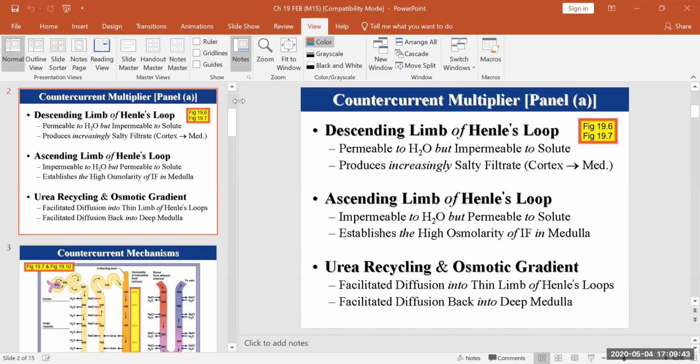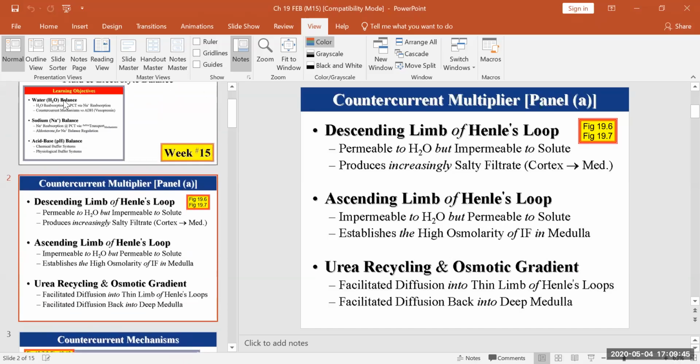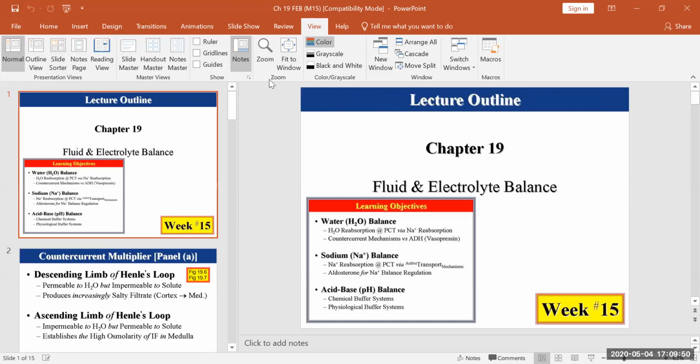First is basically how we're focusing on the water balance here. Let me go back briefly to reintroduce the idea. When we talk about urine production, remember we talk about 3 steps. We are talking about the glomerular filtration. And this glomerular filtration is a passive transport mechanism. It is driven by pressure gradient and is non-selective.